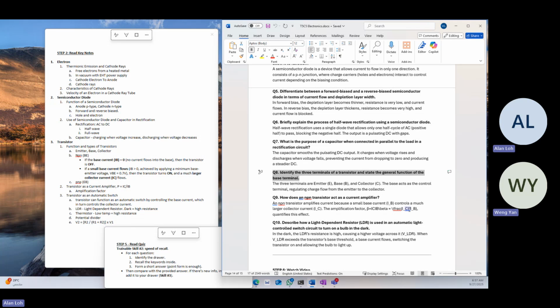Transistor and resistor flow. These two influences. Base, collector, emitter. Okay, answer. Yeah. Emitter, base, collector. Okay. NPN. Question 9.